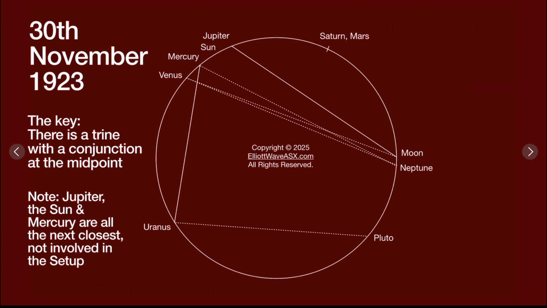So looking at a schematic, the key is there's a trine with a conjunction at the midpoint. Now note Jupiter, the Sun and Mercury are all the next closest, not involved in the setup.